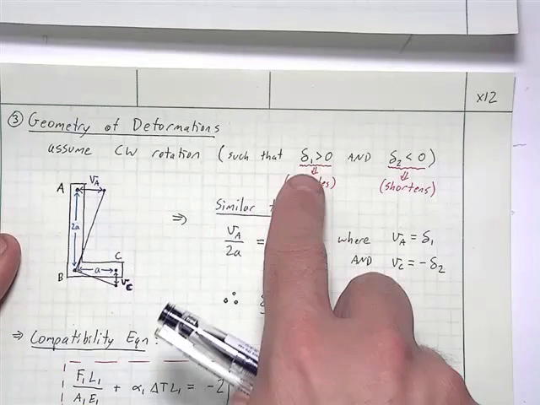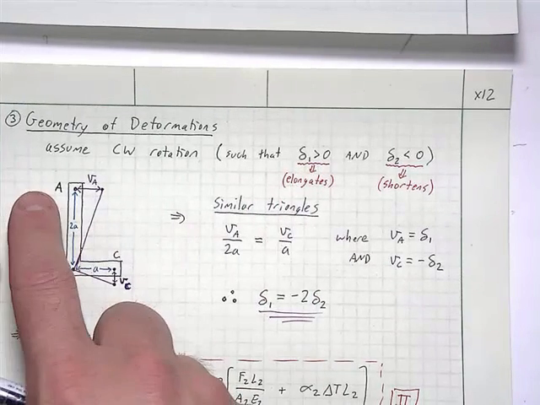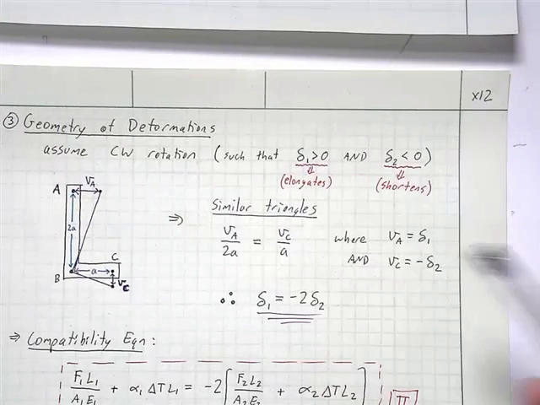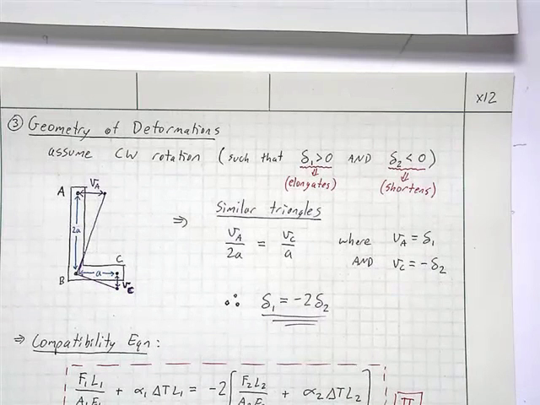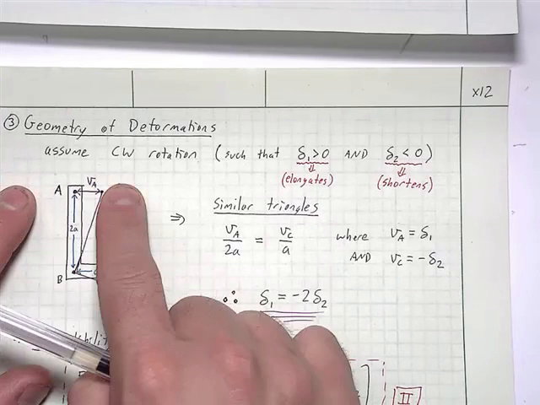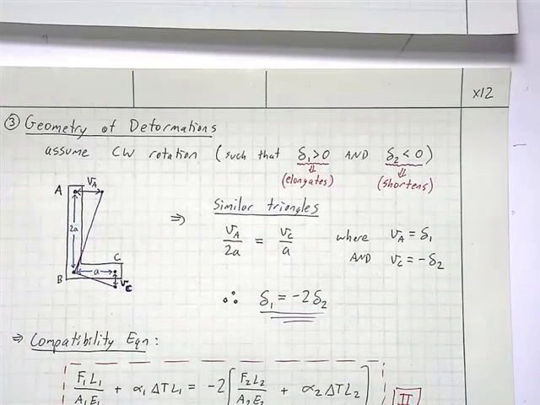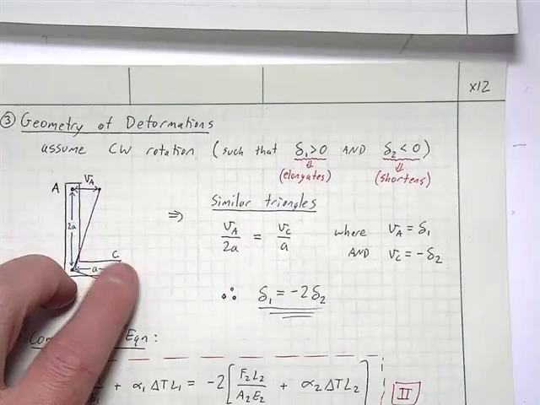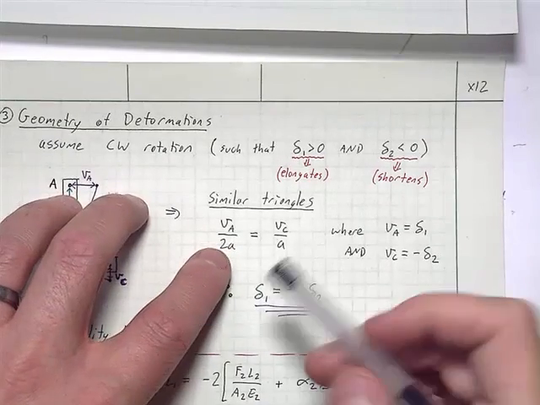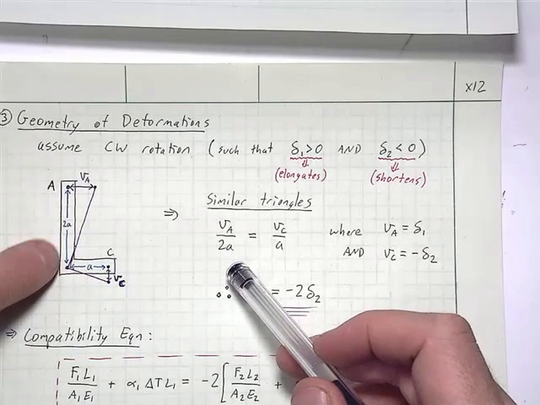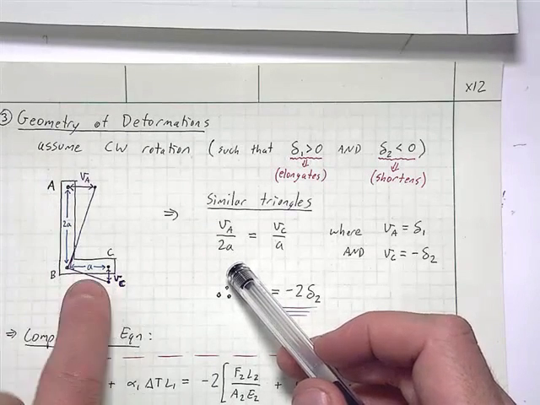So we assume a clockwise rotation to draw a nice picture, and then we just have similar triangles again. For the way I've drawn it, member 1 elongated, and member 2 is shortening, associated with this clockwise rotation. I don't want to use the words tension and compression. The distances from point B are given in terms of just A here, so A is twice as far away as C is.